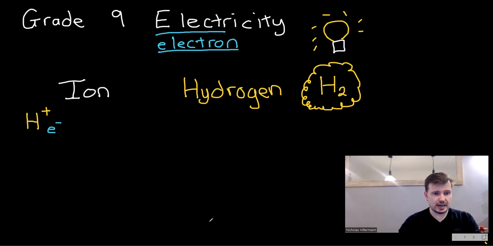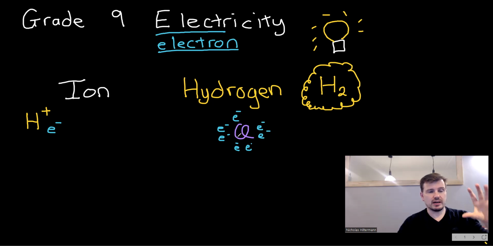If we look at the other side of the periodic table, we would look at group 7 to explain an ion, the chlorine ion. Now this chlorine atom has 7 electrons, and something about our elements is that they like to have 8 electrons, called the octet rule.